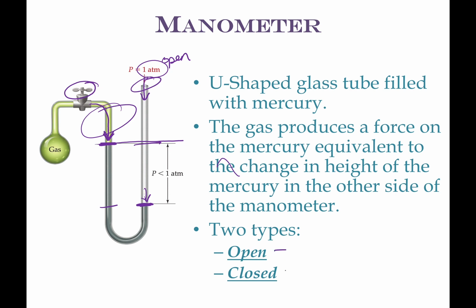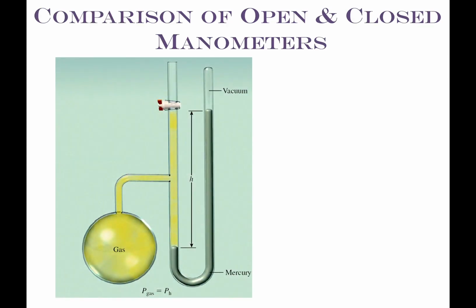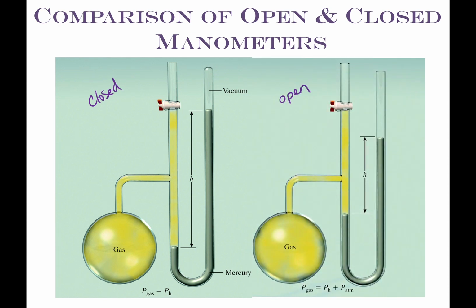So there's an open and a closed. If it were closed, this would be sealed and it would be a vacuum. And I have a picture of that on the next slide. So this is a closed manometer and this is an open manometer. We compare this one to atmospheric pressure.